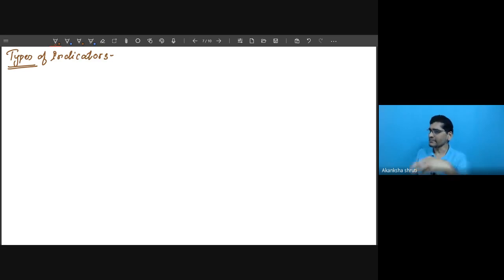But when the same clove oil is added in base, a new kind of smell is generated. Means it is essence. So essence based indicators are called olfactory indicators. Okay. So these are the broader 3 or 4 types of indicator.